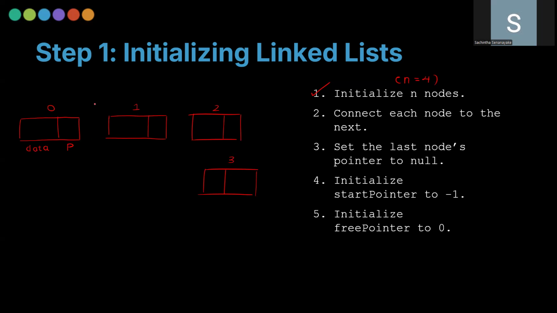Now, you might be worried about why we are initializing these nodes sequentially, 0, 1, 2, 3, because if you learned about linked lists elsewhere, you might know that these nodes exist randomly throughout RAM and that they are not sequential. But the reason we initialize each of these nodes sequentially is because each node in this linked list implementation is an array element, right?